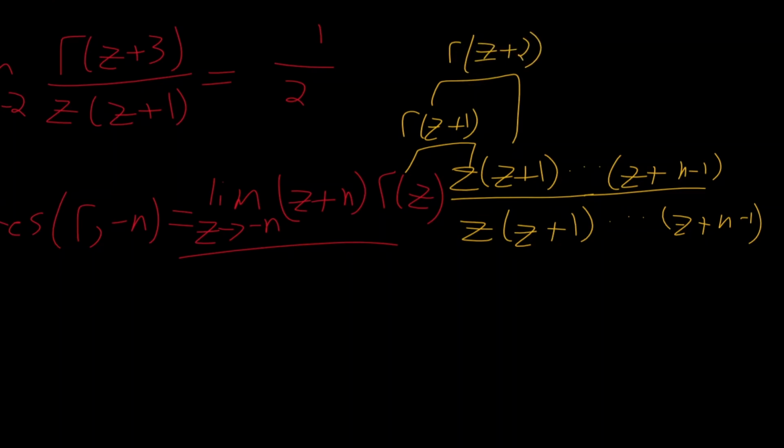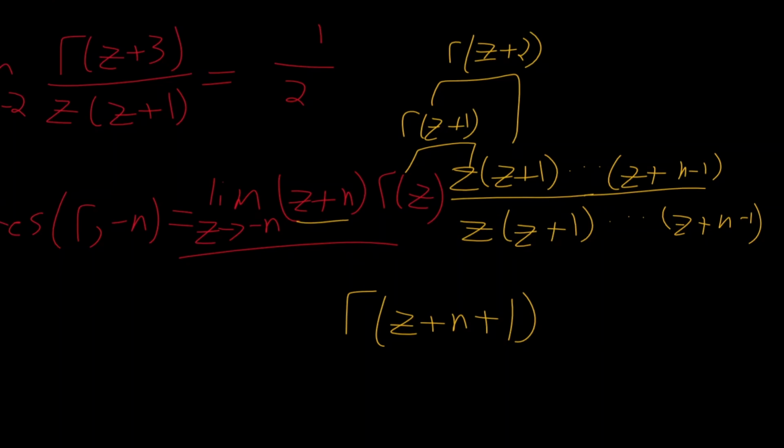We can continue doing this all the way up to this term right here, z plus n. So what we're left with in the numerator is gamma of z plus n plus 1. In the denominator, we have z times z plus 1 times z plus 2 times z plus 3, and so on, all the way up to z plus n minus 1.